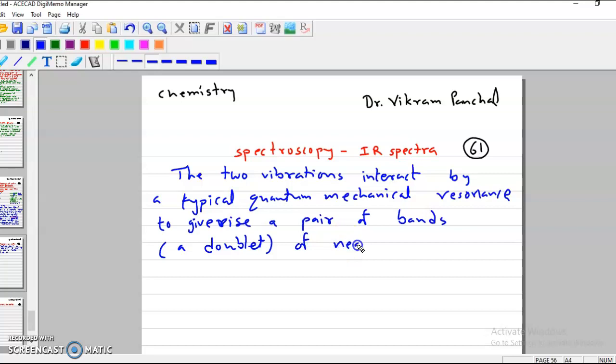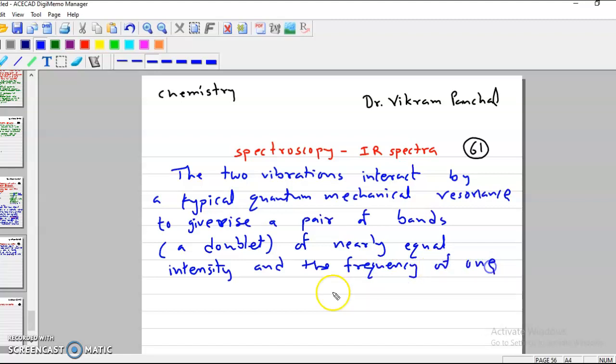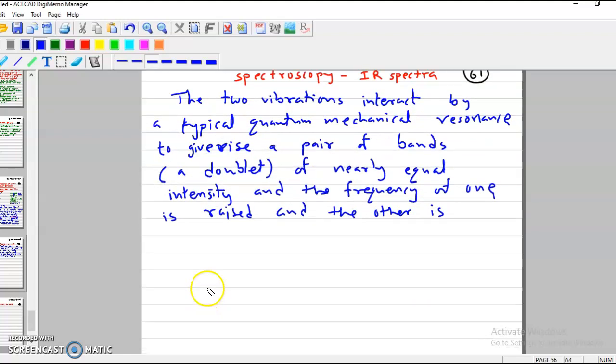of nearly equal intensity, and the frequency of one is raised and the other is lowered. Why?